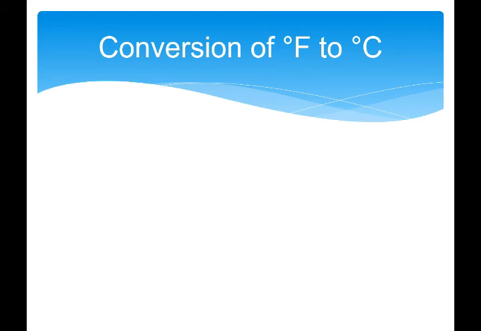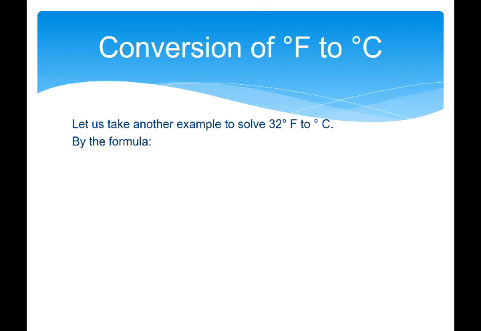Let us learn to convert degrees Fahrenheit to degrees Celsius. We will take 32 degrees Fahrenheit and use the formula C/5 is equal to (F - 32)/9. We put 32 in place of Fahrenheit and get C/5 is equal to (32 - 32)/9.